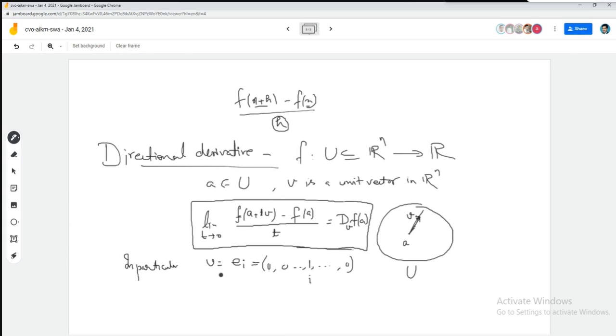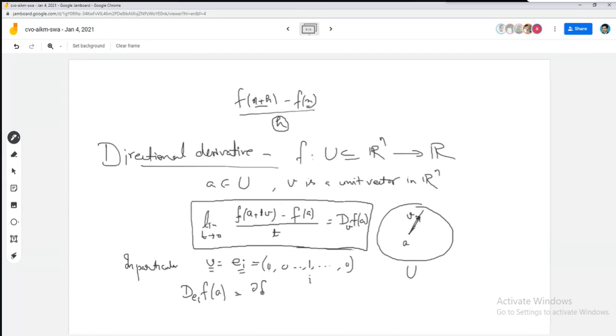So suppose your unit vector v is the ith basis vector e_i, then the directional derivative along this e_i of the function f at the point a, you can define like this: f(a + t e_i) minus f(a), upon t, and this is also called the partial derivative of the function in direction of x_i.